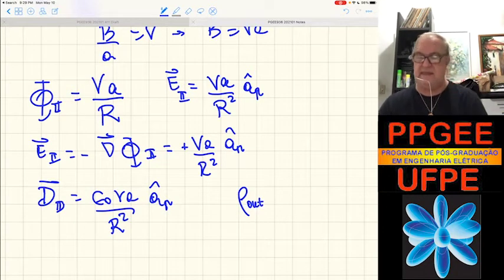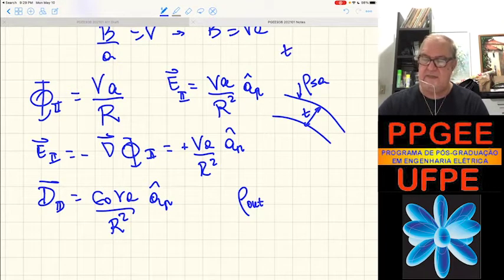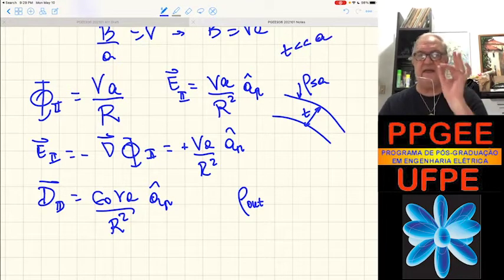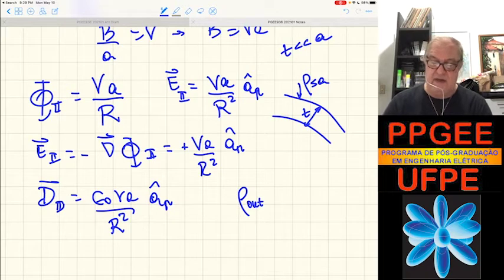The surface density right outside on the outer surface, let's call it rho SA. This thickness here is much less than A, so it's a negligible difference between the inner and outer distances from the origin.